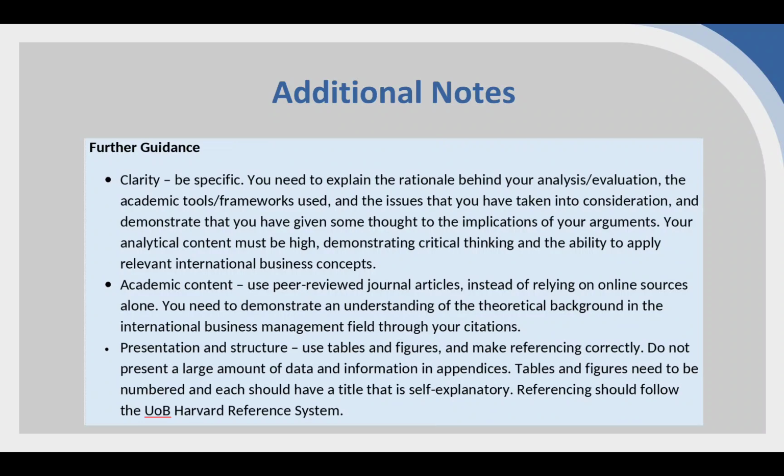So even in element 2, where you're talking about an ethical issue, you are going to be leaning on newspaper articles and so on for that. But you also want to apply and discuss in the light of CSR or stakeholder theory. So there should also be a good amount of academic content there. And just make sure your work is properly presented, using professional standard of presentation, proper Harvard referencing, and so on also.